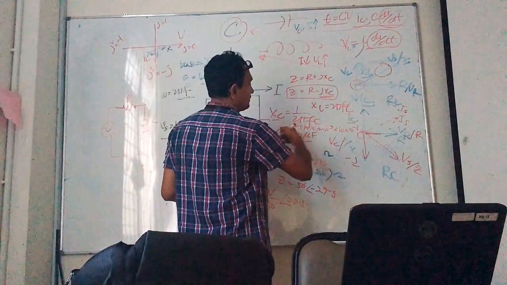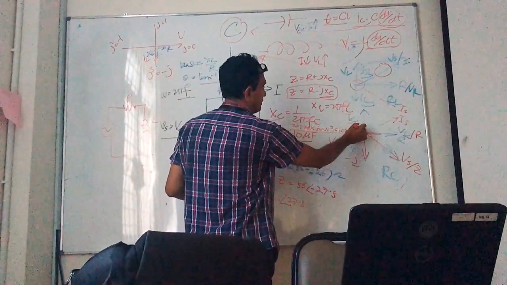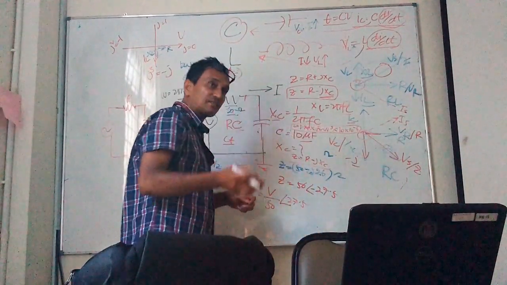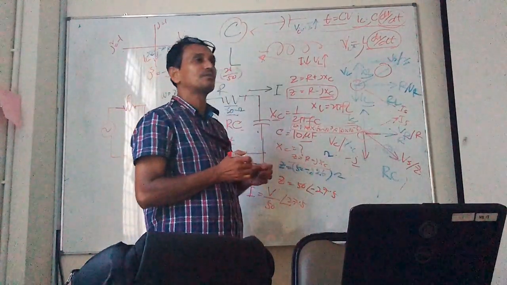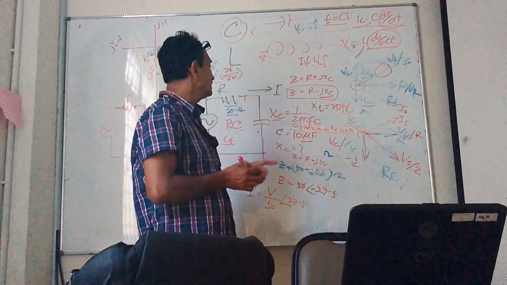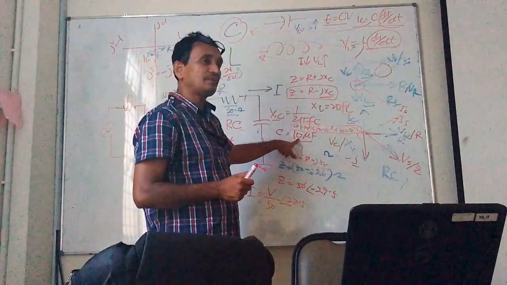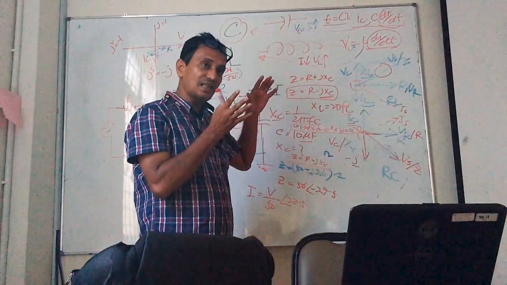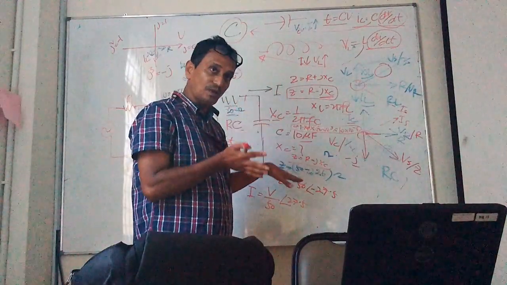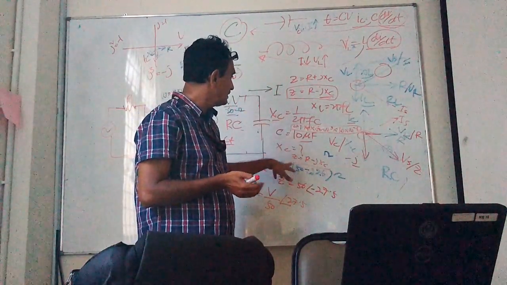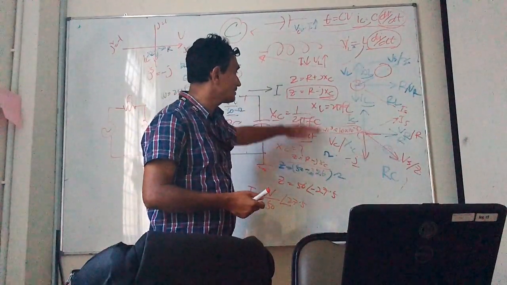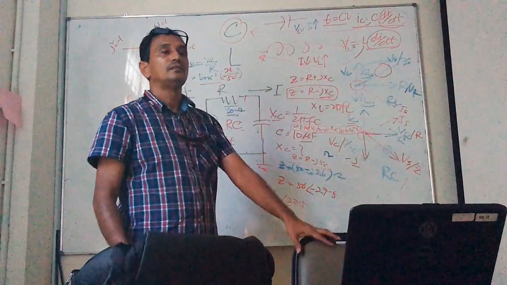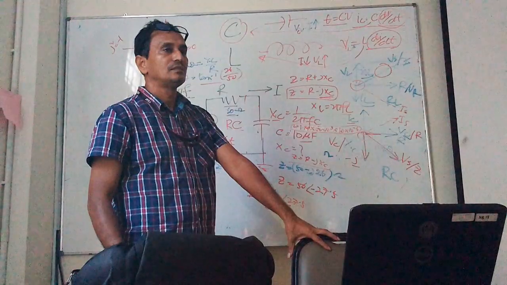Now do the calculation. If the previous calculation is right, that is 1.3, then it should be 26, because before it was 200 microfarad, and now it is 20 times smaller. Twenty times smaller means the reactance value should be 20 times higher, because it is an inverse relation. But I got 0.26.